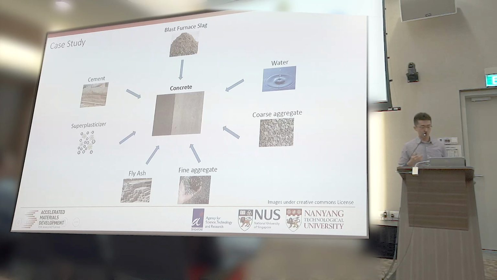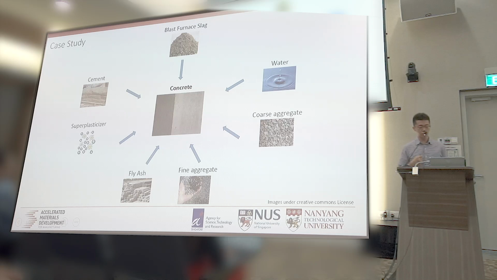Okay, so without further ado, I think it's useful to just get our hands on this actual problem of predicting the concrete compressive strength based on its components. So we all know that concrete is composed of many different ingredients like cement, fly ash, and blast furnace slag, et cetera.